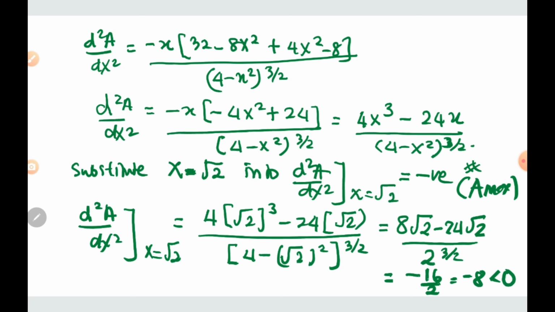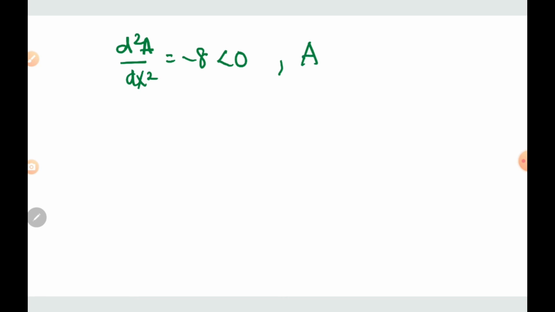Okay, negative 8 is something negative, less than 0. Therefore, we can say that d²A/dx², the value is equal to negative 8, that is less than 0. Therefore, the area A is maximum.